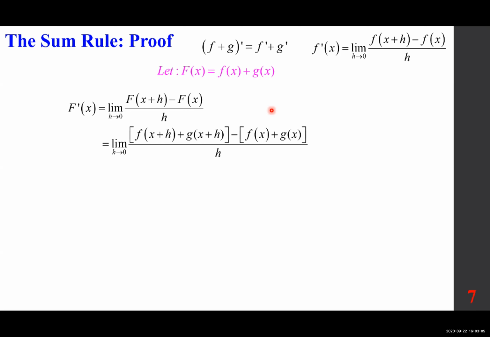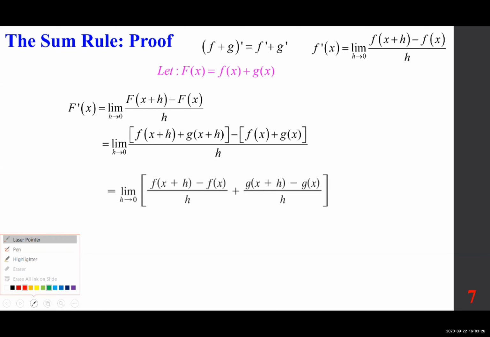And so having said that, what do we do next? We just put this part with minus f of x and this part with minus g of x. I hope you see what happens. This negative gives us minus f of x minus g of x.